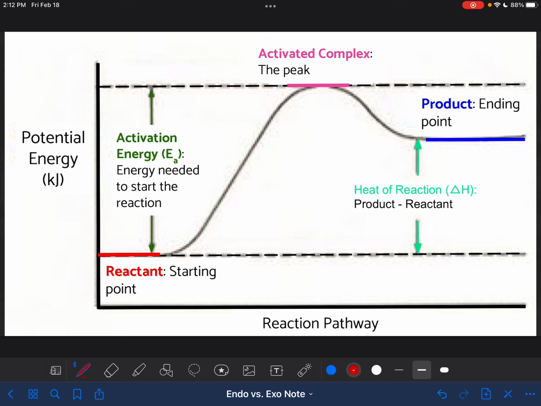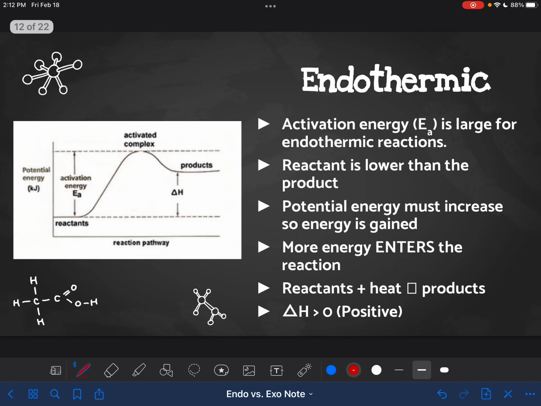All right, so now let's go in depth into the difference between endothermic and exothermic reactions. An endothermic reaction is when the activation energy is larger.